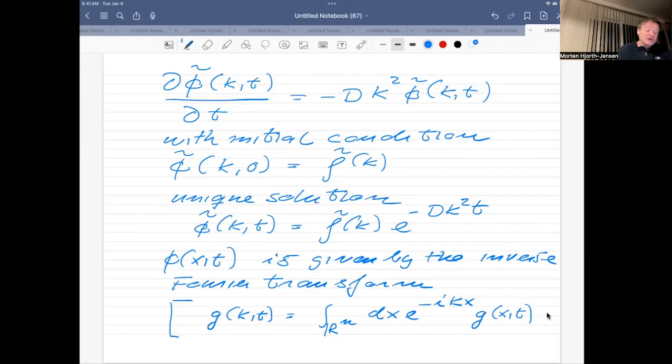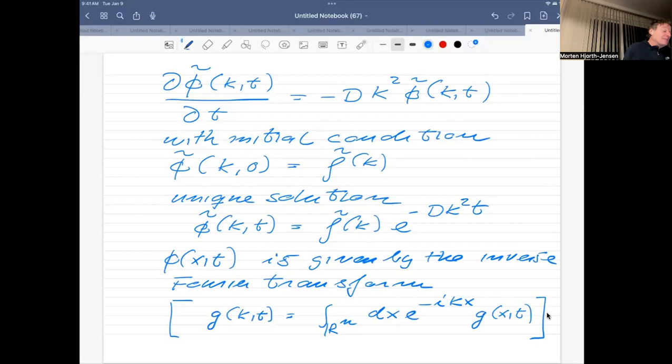And these integration limits go typically from minus infinity to plus infinity. And then if you take the inverse one, that is simply taking e to the power with argument i k x instead of minus i k x. This is the basic definition of a Fourier transform.